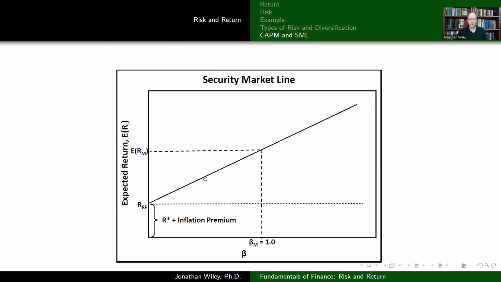If the model is not working real well, maybe that means there are some stocks that aren't on the line. So instead of investments all being on the line, maybe there's something up here and something down here. If there's something here, this is offering a much higher amount of return relative to the risk than something on the line would at that same level of risk. This would look really attractive, right? So I'd want to invest in that.